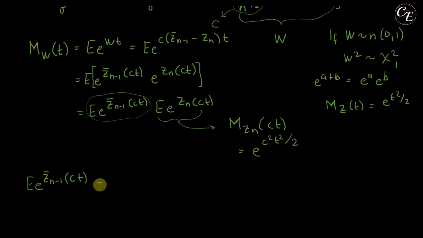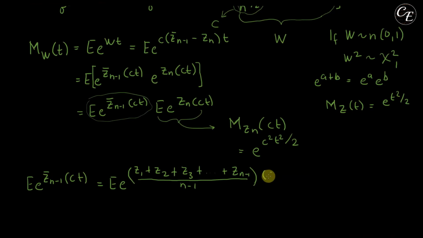It is equal to expectation of e raised to z sub 1 plus z sub 2 plus z sub 3 plus etc. until z sub n minus 1, and then over n minus 1, and then we have times ct. And then we can distribute this ct over n minus 1 for each term here. And then let us use this one to have a product of exponentials.